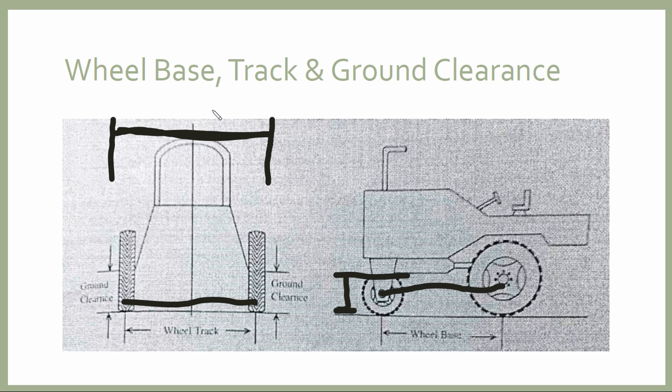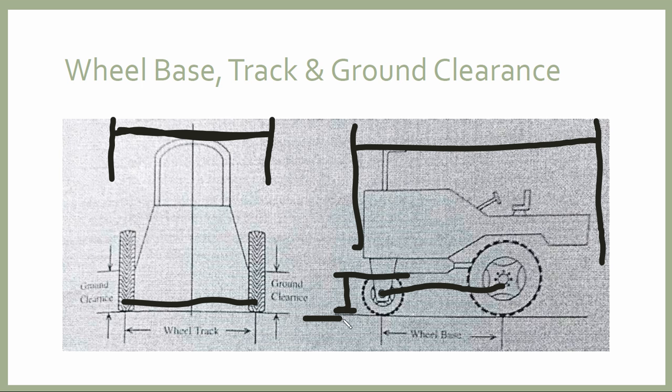total width of the vehicle. And the total length is measured between the extreme points of the front side and the extreme point of the rear side. This distance is basically called the vehicle length, and the vehicle width, and the height from the road surface to the extreme top is called the total height.